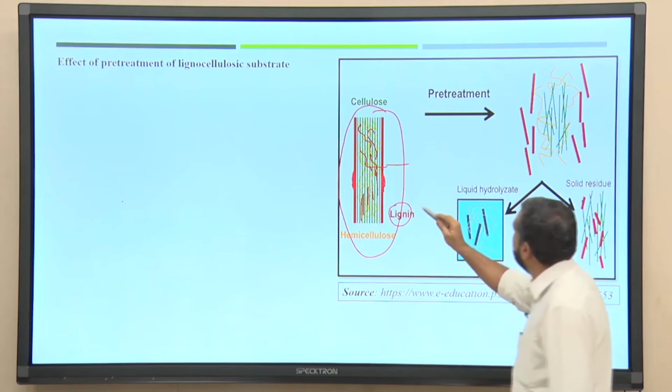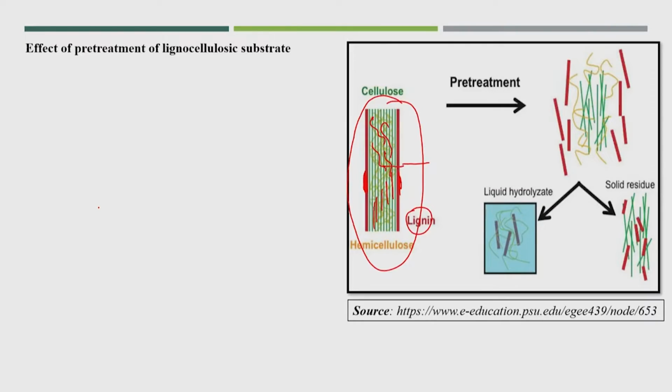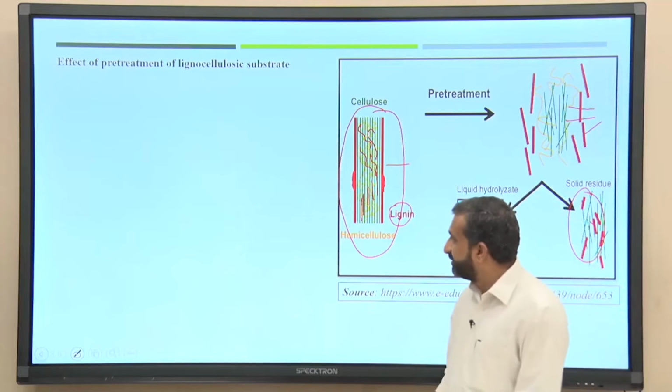So, if you do the pretreatment, the cellulose, hemicellulose, lignin, everything becomes available for microbial degradation. And another way is liquid hydrolysis, by which we can also produce some solid residues which will be easily available for microbial degradation.